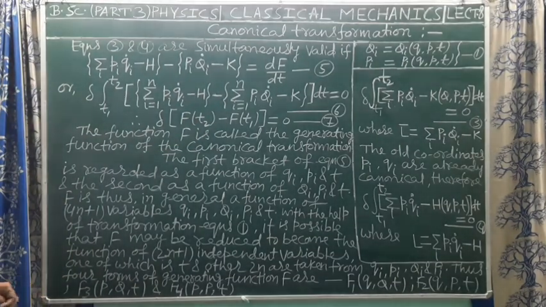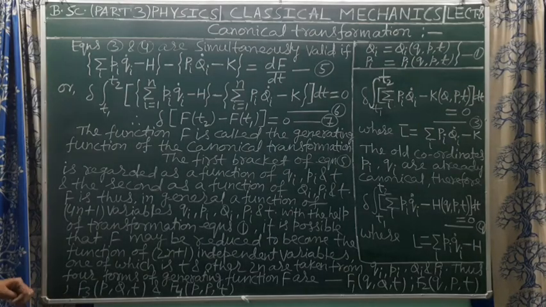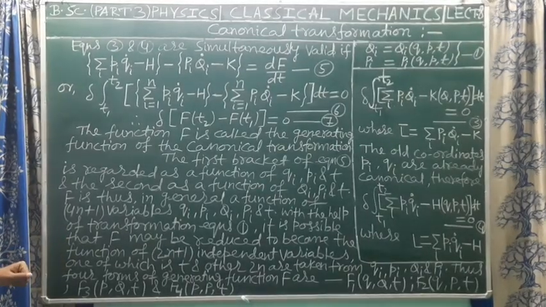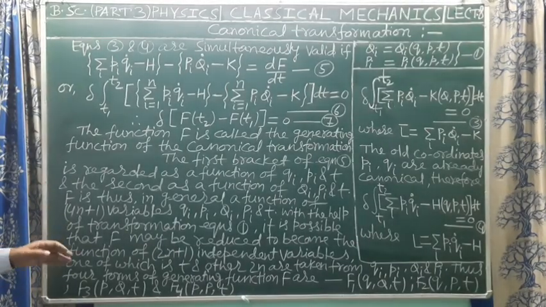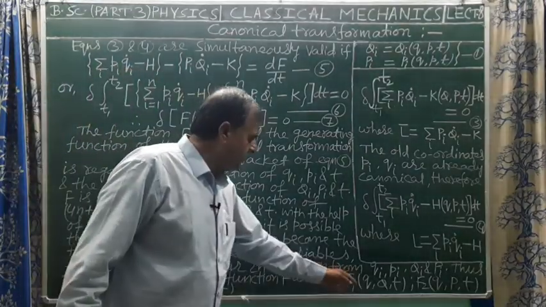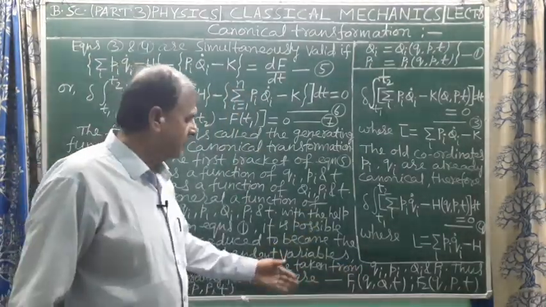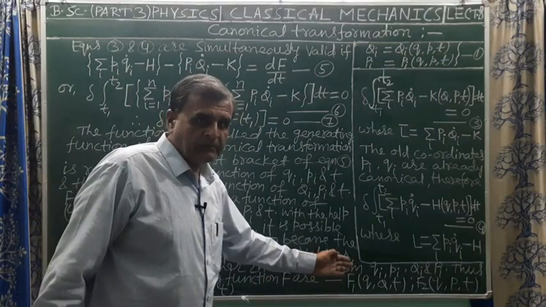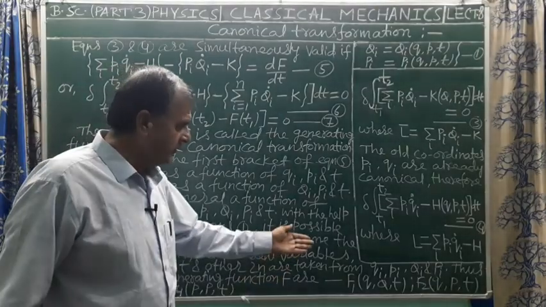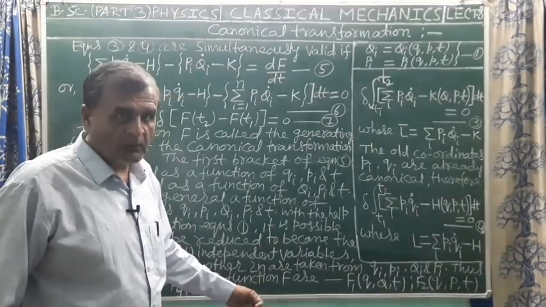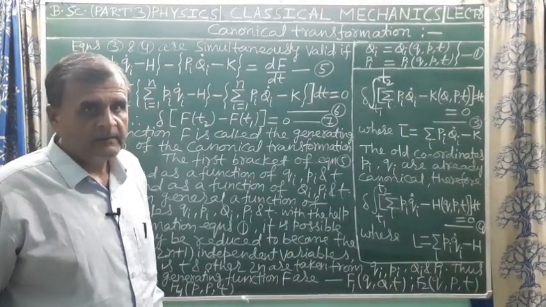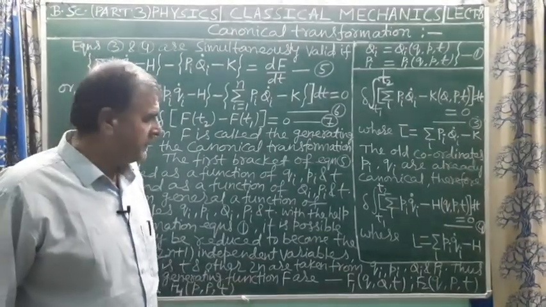Thus there are four forms of generating functions. Capital F1 is the function of a small q, capital Q, and time t. A small q is the position coordinate of the old coordinate system, while capital Q is the position coordinate in the new coordinate system, and time t.